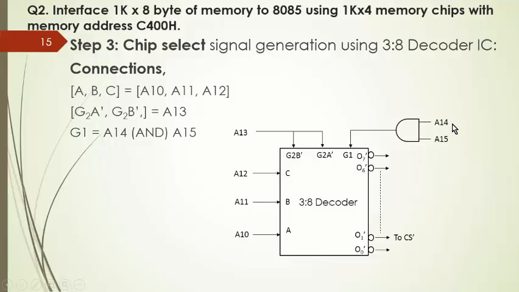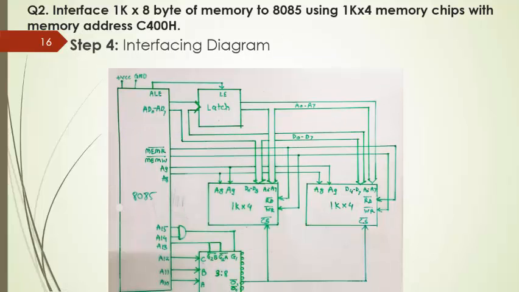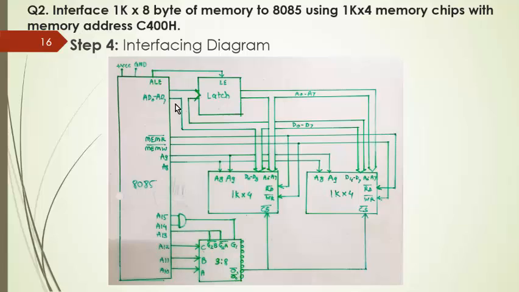So the O1 bar pin you have to connect to the chip select signal of memory IC. G2A bar and G2B bar we will connect directly to A13, and A14, A15 are connected to a two input AND gate, and the output of this AND gate is connected to G1 because both the pins are active high.